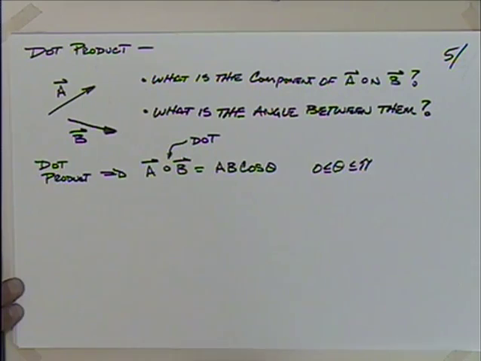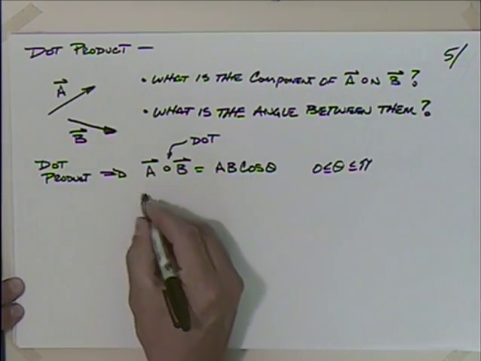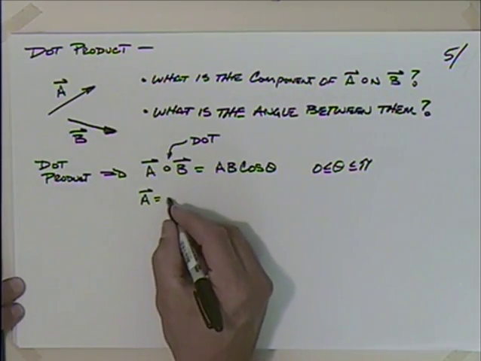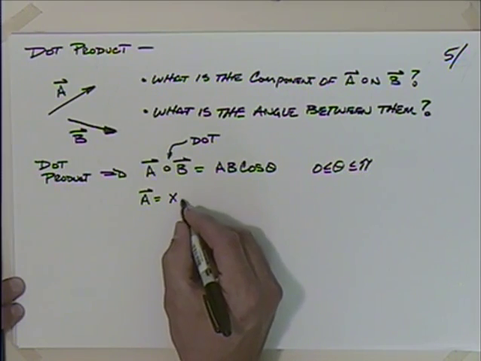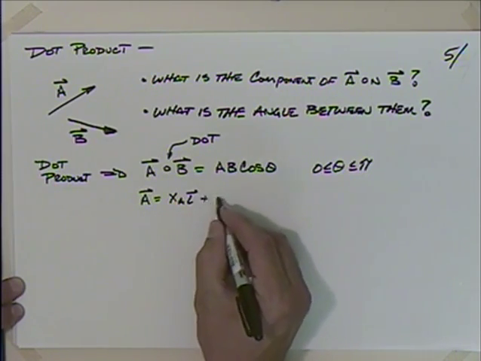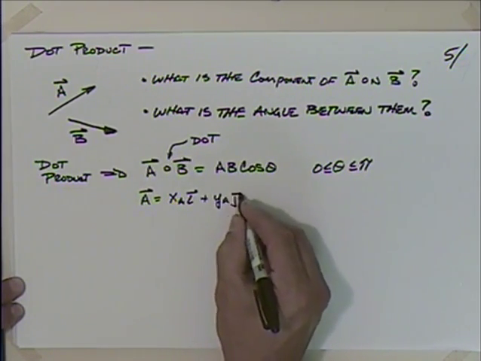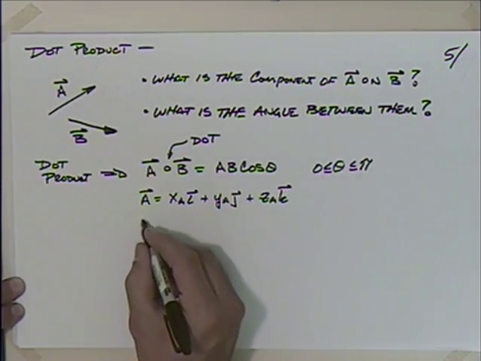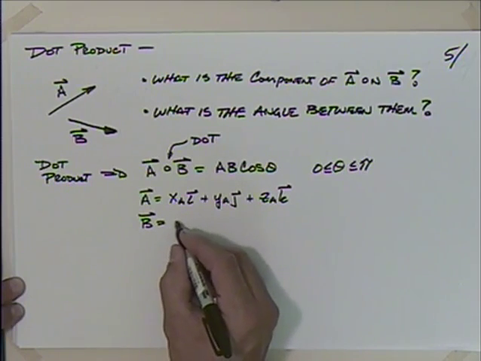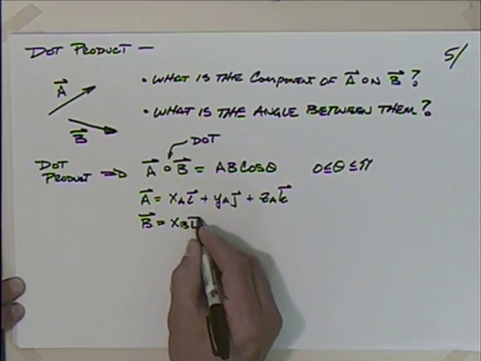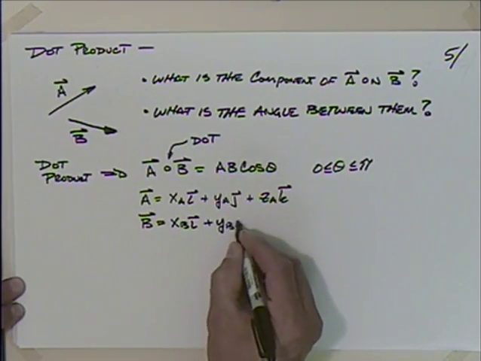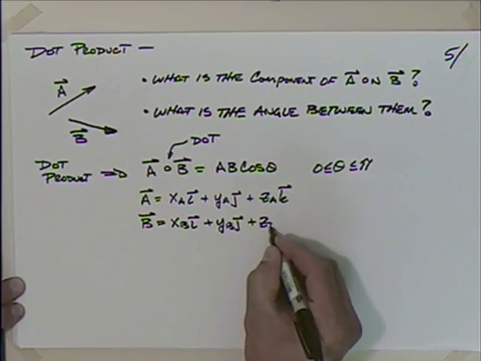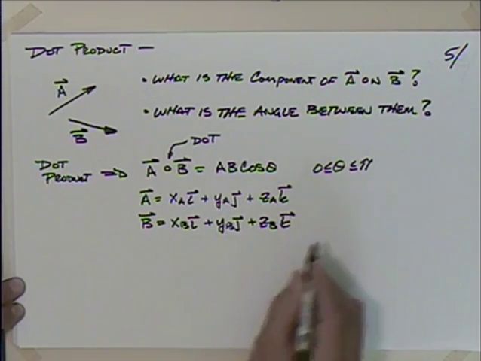Well, let's then define A. Let's say that A has some x value, so we'll say x sub A in the i direction plus y sub A in the j plus z sub A in the k. And likewise, B is x sub B in the i plus y sub B in the j plus z sub B in the k.